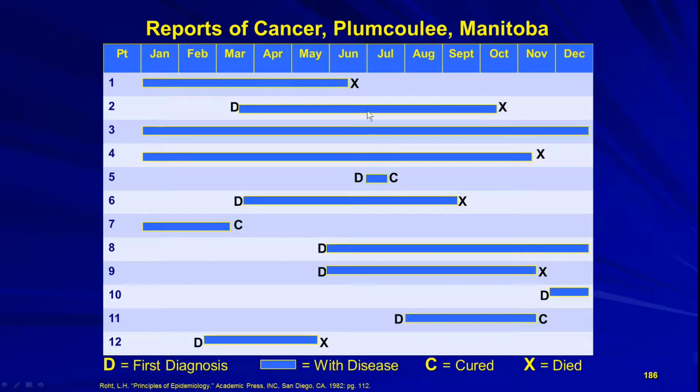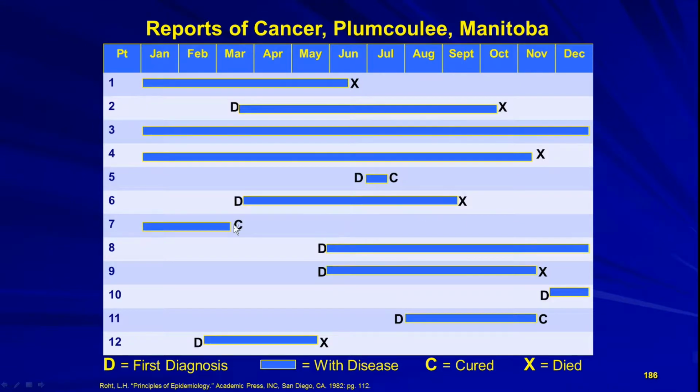Well, I'm going to count case 2, because it happens to be a new case, but nevertheless it occurs on July 1. We're going to count case number 3 because it is an existing case. This one is a newly diagnosed case, so we're going to count that one. This is an existing case.